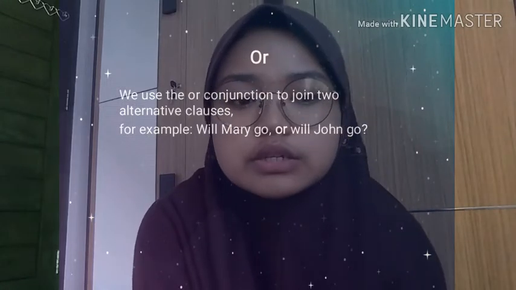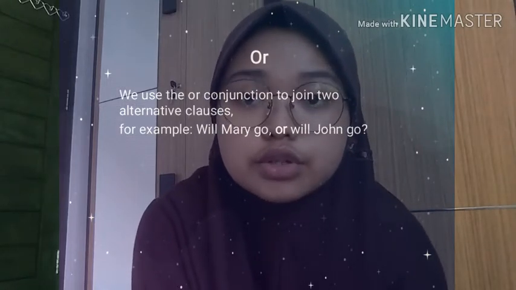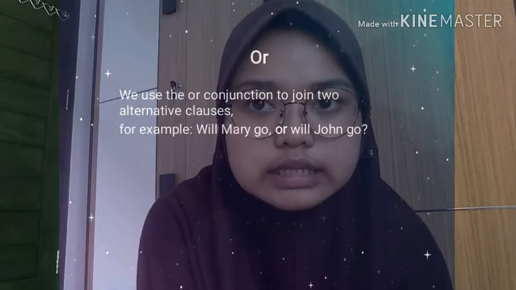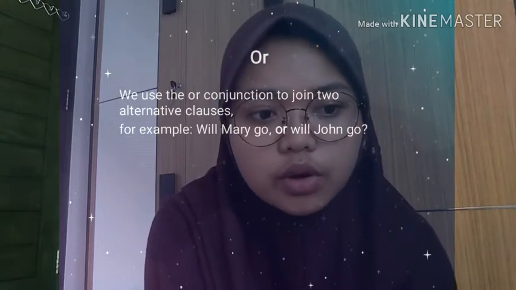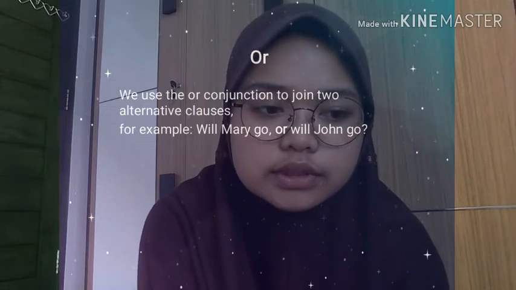Or, we use the or conjunction to join two alternative clauses. For example, will Mary go or will John go? Another example, I will have a week in Rome or I will go to Paris for 3 days.